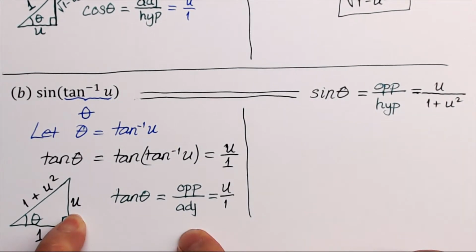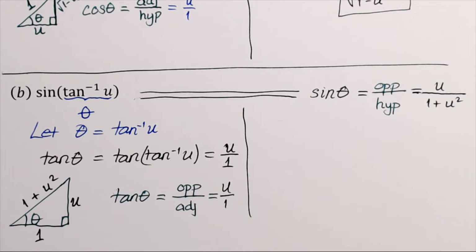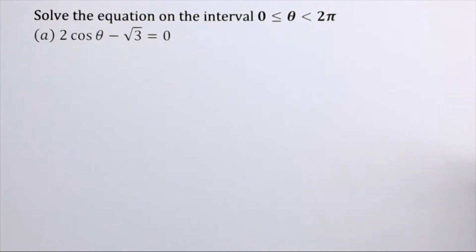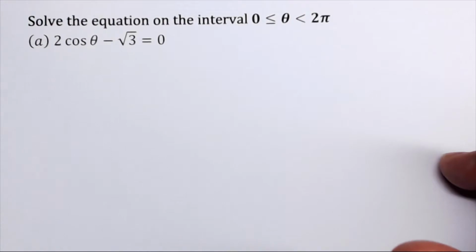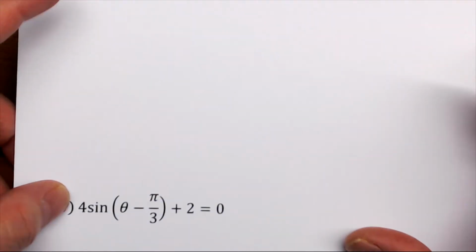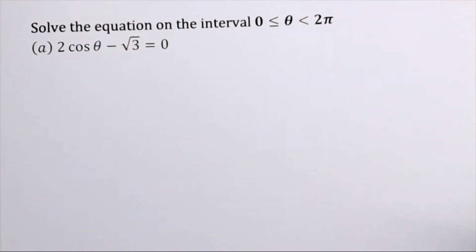Next, the question asks for the cotangent of cosine inverse u. Cosine inverse of u is theta, so we just have that.